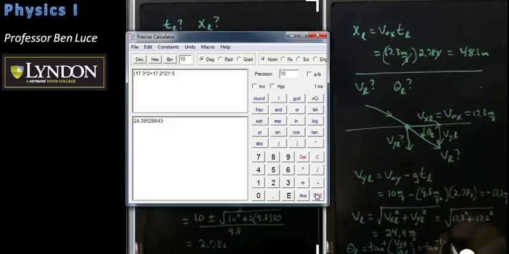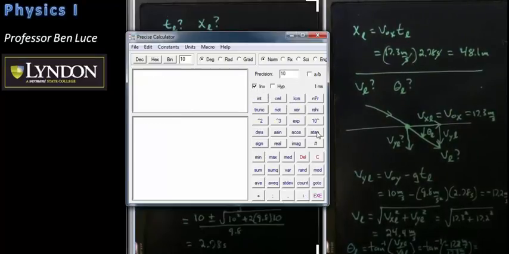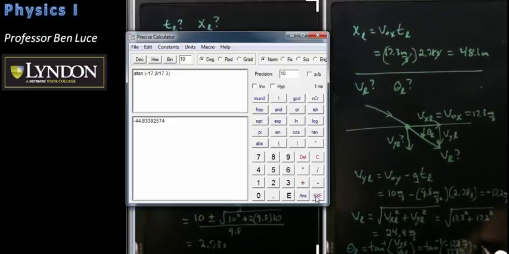So it will be the inverse tangent of minus 17.2 divided by 17.3. So we have arctan, and it's a minus 17.2, so I'll put that in just for good form. And we get very close to 45 degrees, but not quite.